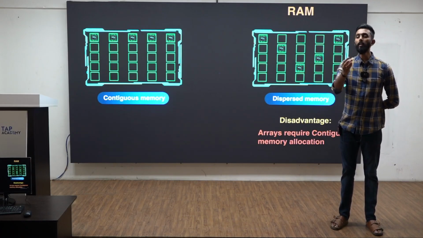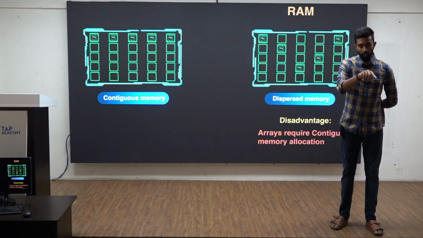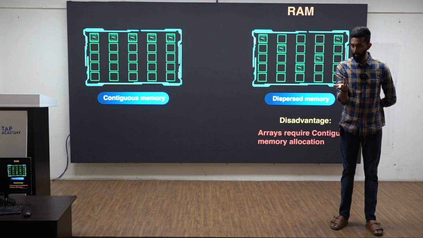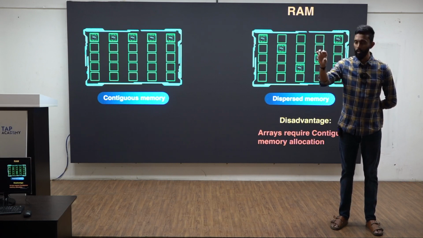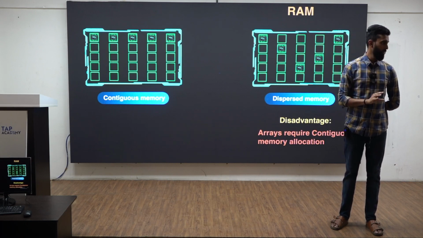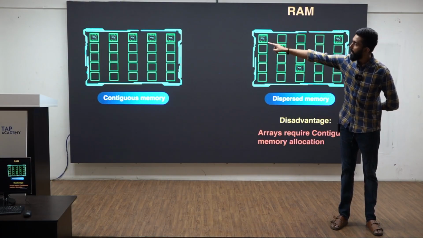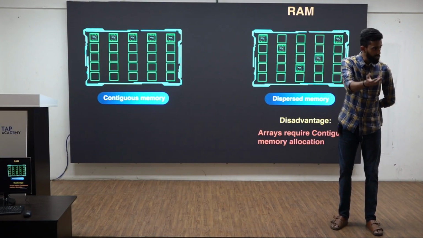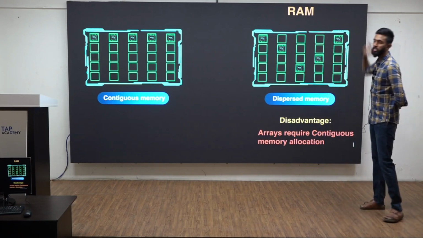Array is a data structure. Linked list is also a data structure. Data structure is not some hi-fi thing. A data structure is a structure in which you are storing data. One fellow tells, boss, my structure should be contiguous. One more fellow tells, my structure can be dispersed.